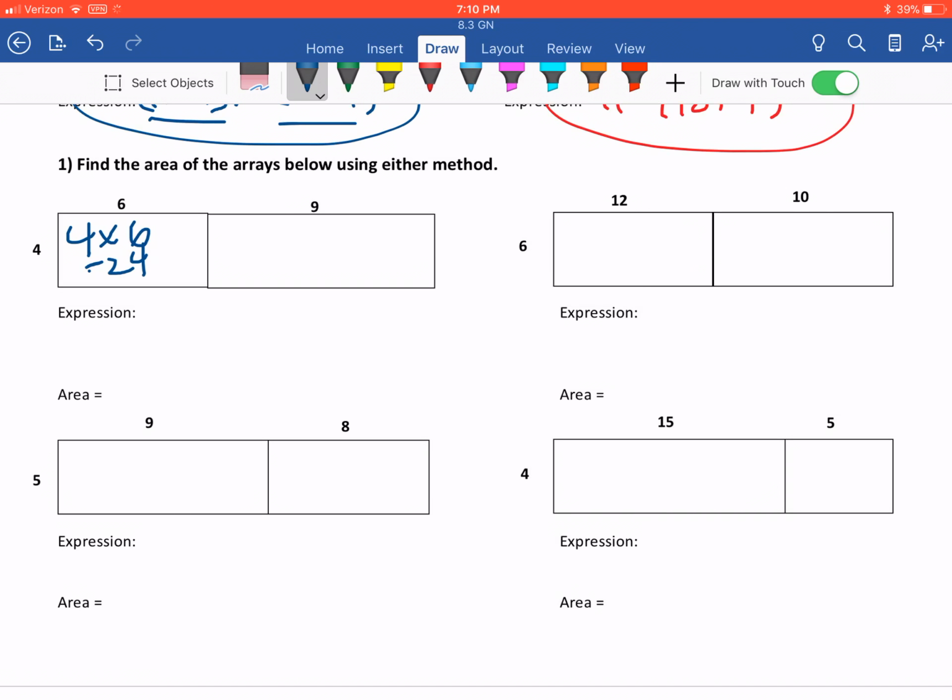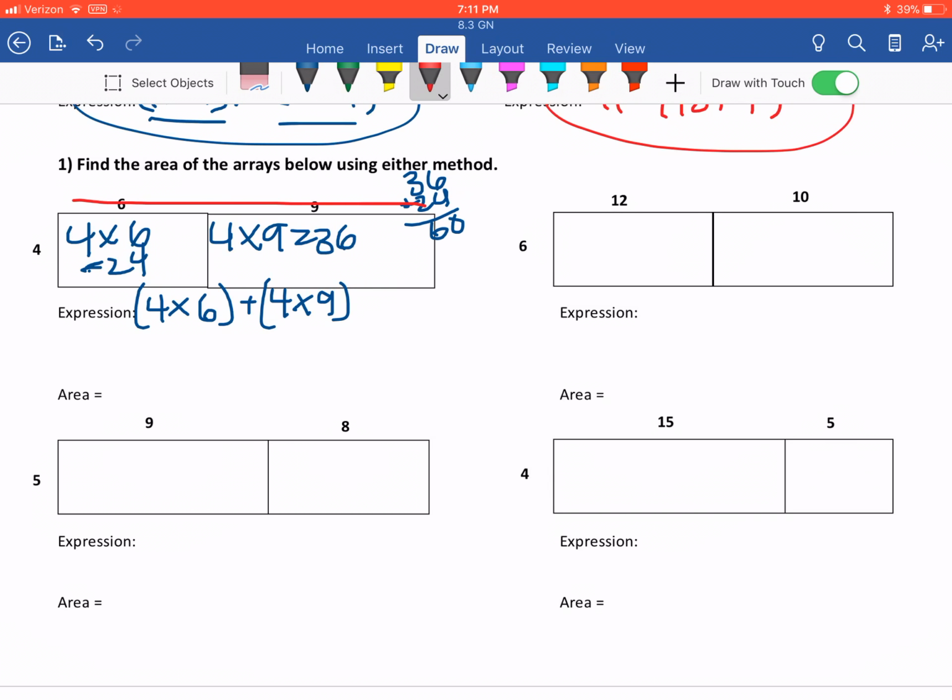Then we would have had 4 times 9, which is 36. So my expression would be 4 times 6 plus 4 times 9. And if I add these two together, 36 plus 24 would have given me 60.